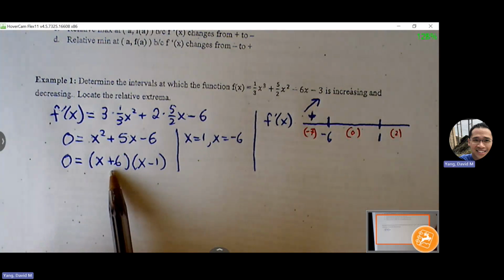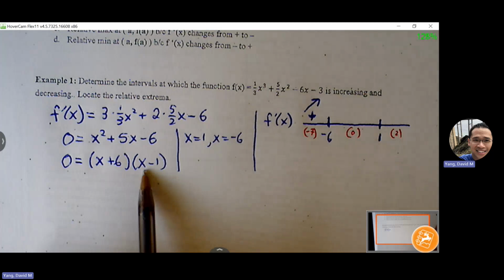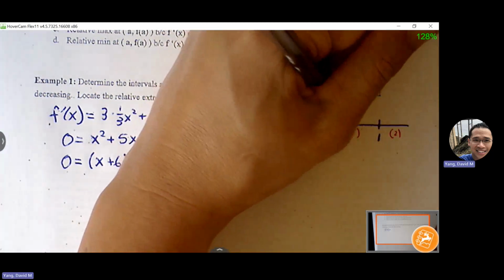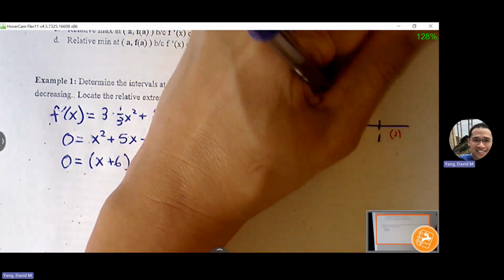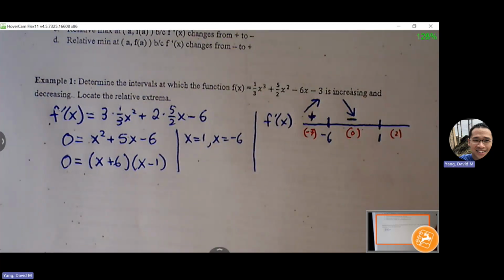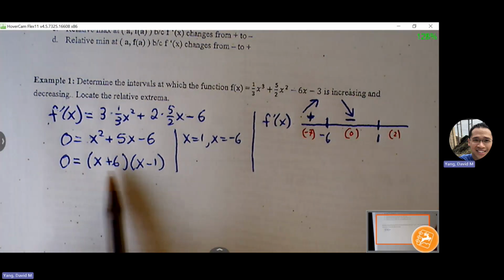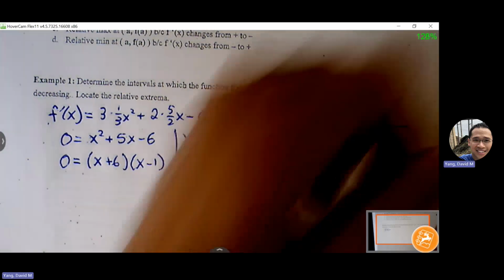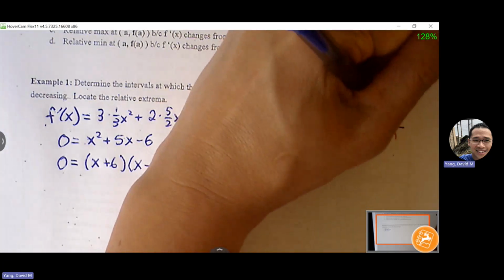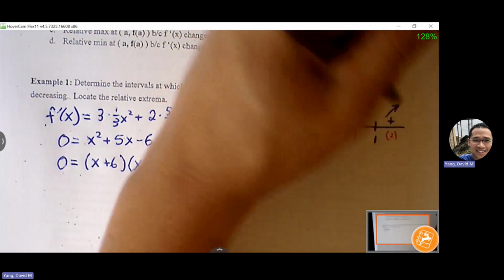So 0 in for x, 0 plus 6 is positive, 0 minus 1 is negative, positive and negative is negative, so my graph is falling in that interval. Next up, I can test 2. 2 plus 6 is positive, 2 minus 1 is positive, so my graph is going to be experiencing a positive slope in that interval.